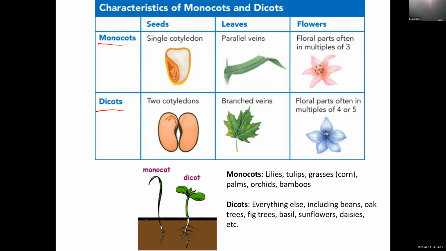They get this name because the embryonic leaf that's inside of the seed is called a cotyledon. And when the seed germinates and the plant starts to grow up from the ground, monocotyledonous plants have one baby plant leaf or cotyledon inside that seed. And so when they germinate and start to grow, you're going to only see a single leaf sticking up.